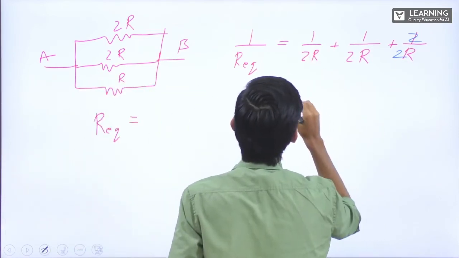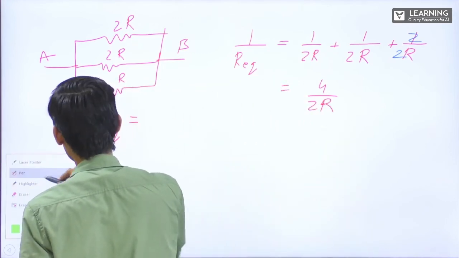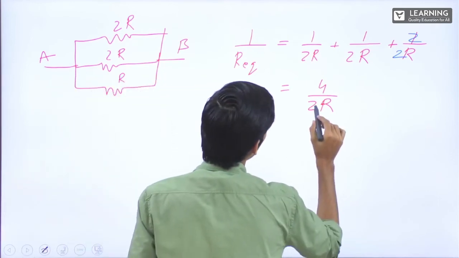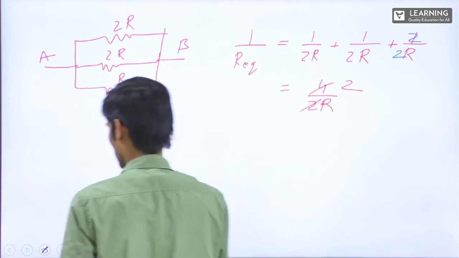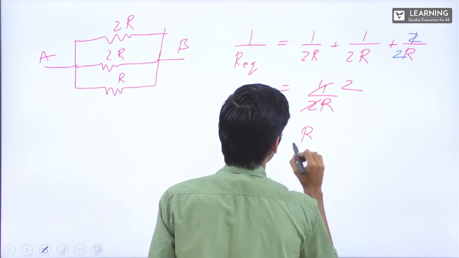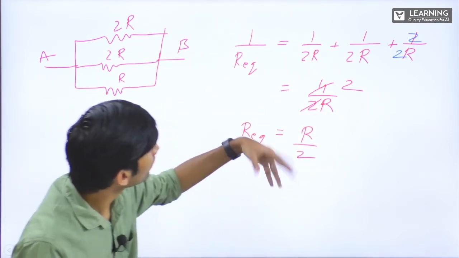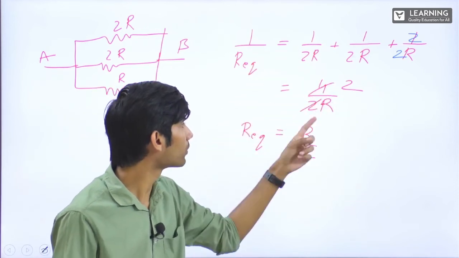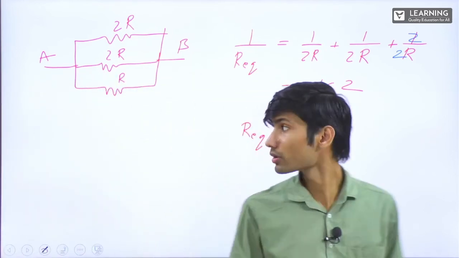Two, three, 4. 4 upon 2R. R equivalent will be R by 2, I think. Clear? See calculation, 1 by 2R, 1 by 2R, 1 by R, 2 by 2R, this will be 2R, this will be 1, 2, 3, 4, 4 by 2R, 2 2s are 4, R by 2. That is what R equivalent is for this particular circuit.